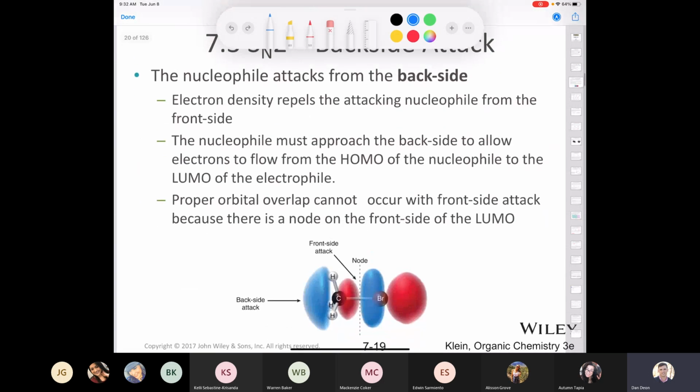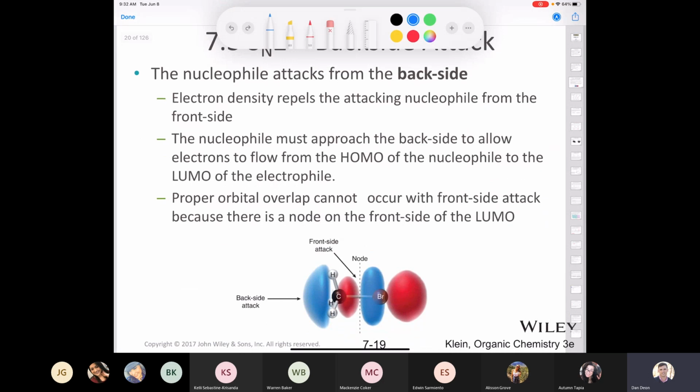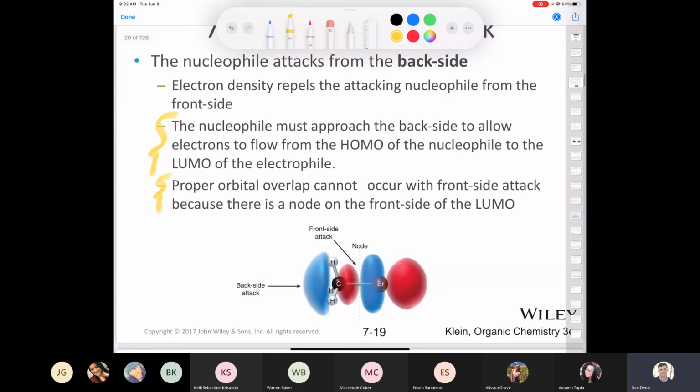The next point says the nucleophile must approach by backside attack to allow electrons to flow from the HOMO of the nucleophile to the LUMO of the electrophile. I am not going to ask you about HOMO and LUMO, and the whole point of proper orbital overlap. I'm not going to ask you about that at all. I'll get you to read it.